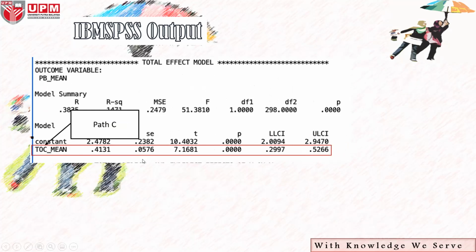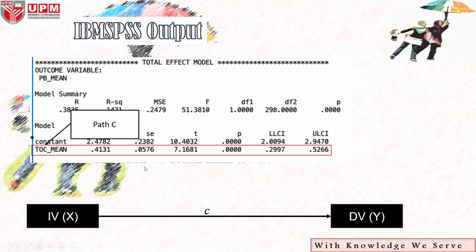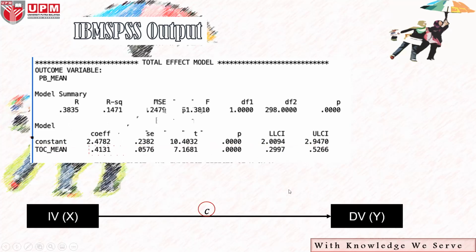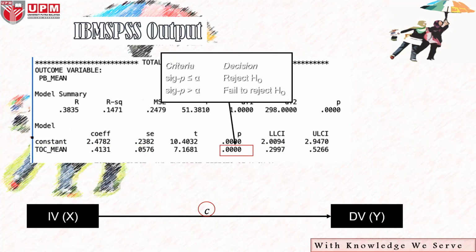The unstandardized beta for C equals 0.4131, significance value equals 0.000, significant, and zero is located outside the range of lower bound and upper bound. Settled.